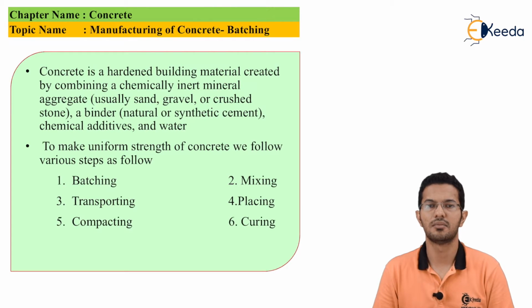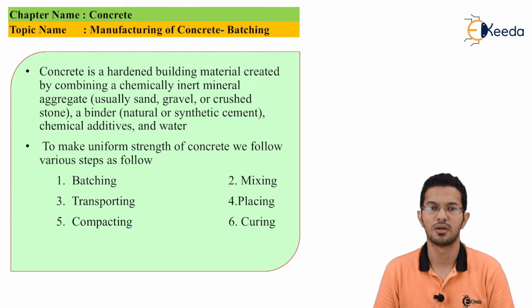Concrete is a hardened building material created by combining a chemically inert mineral aggregate, which is usually sand, gravel or crushed stone, along with a binder which is natural or synthetic cement, and chemical additives and water. To make uniform strength of concrete, we follow various steps as follows.